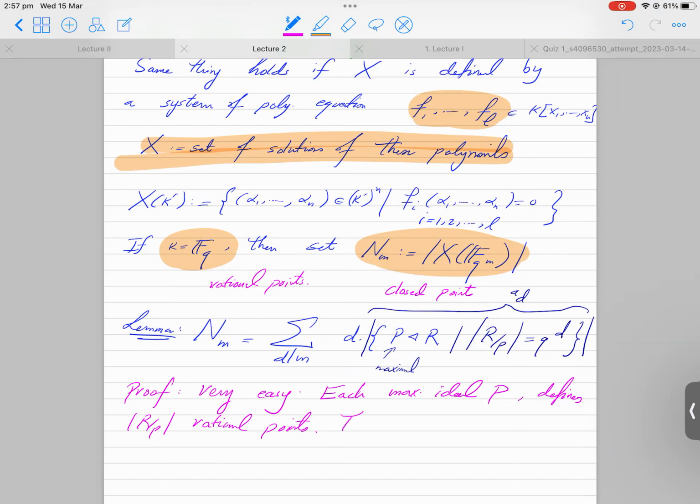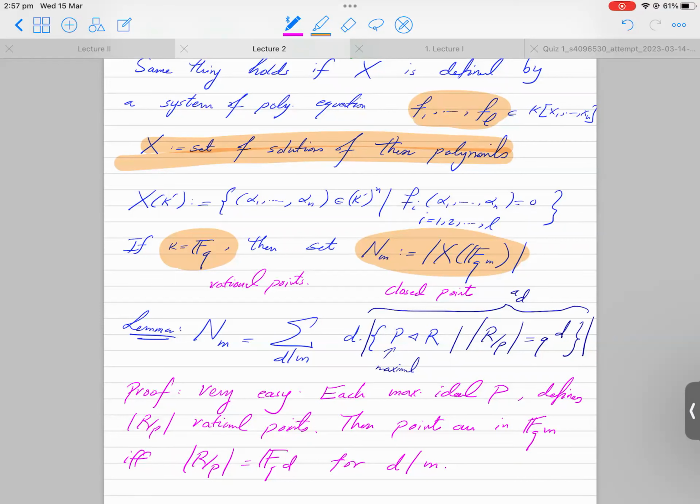And these points are in F_q to the m if and only if the size of R mod P is F_q to the d for some d dividing m. So R mod P has to be of the form q to the d, where d divides m.